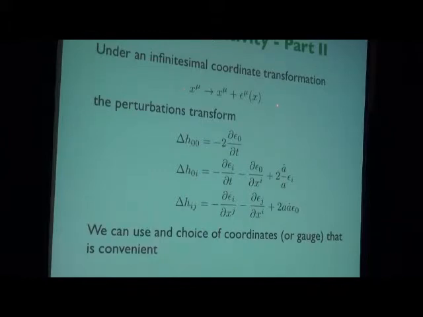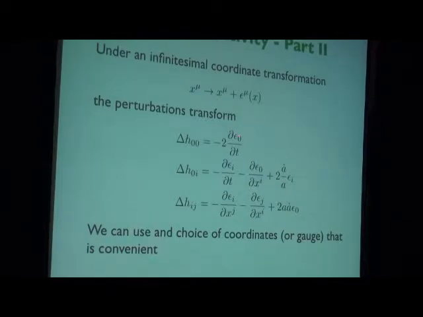Under a coordinate transformation, x^mu goes to x^mu plus some small function epsilon, then the perturbations of the metric transform in this way. And you see that you can use this to choose any gauge that you find convenient.